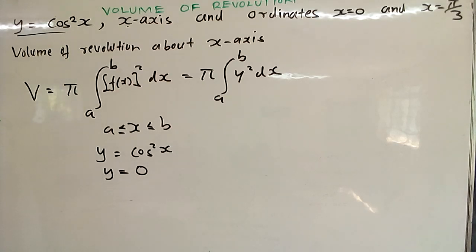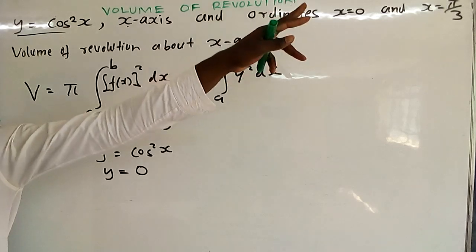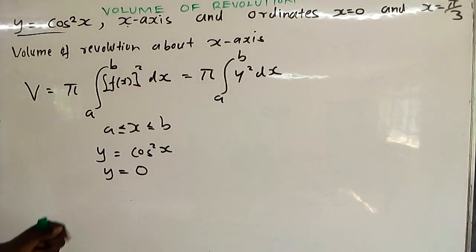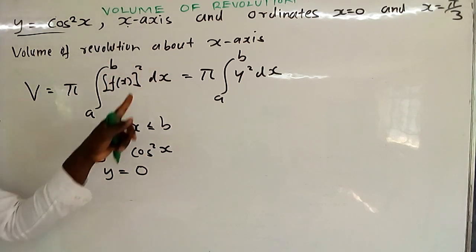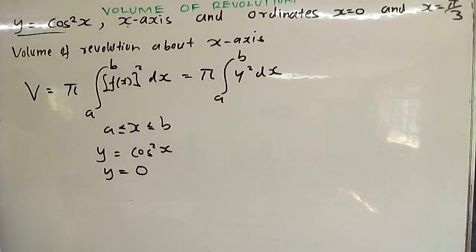Are we together? So the ordinates x equals 0 to pi over 3 will give us the limit, but we want the region between y equals cos squared x and the x-axis, which is y equals 0. So for you to get the curve defining that region, you subtract the two, isn't it?